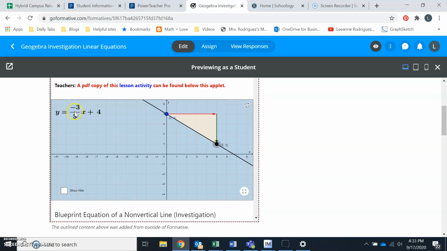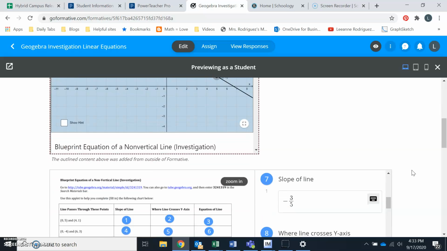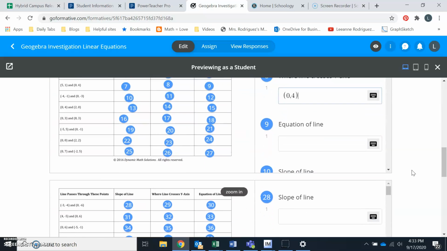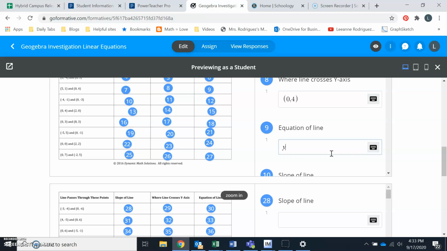It's in the upper left-hand corner. y equals -3 over 5x plus 4. Notice when I start typing here, I'm still in that denominator. So to get out of your denominator, you need to press the right arrow button.